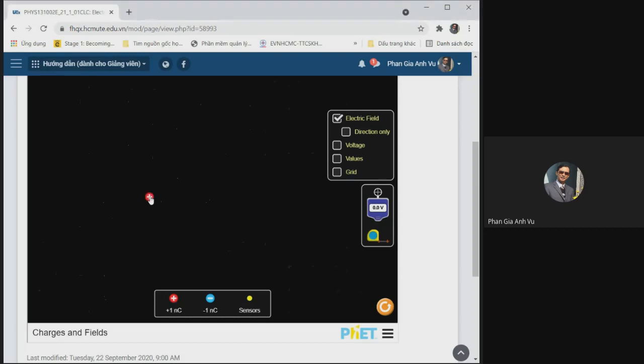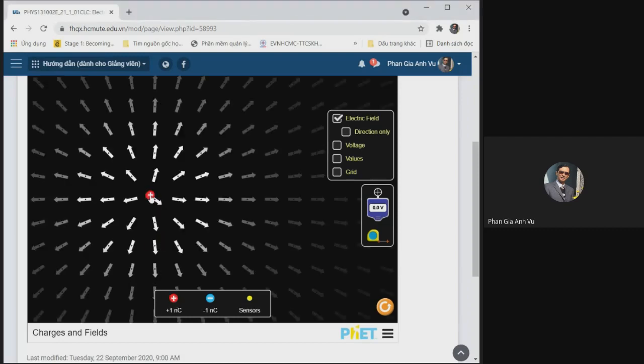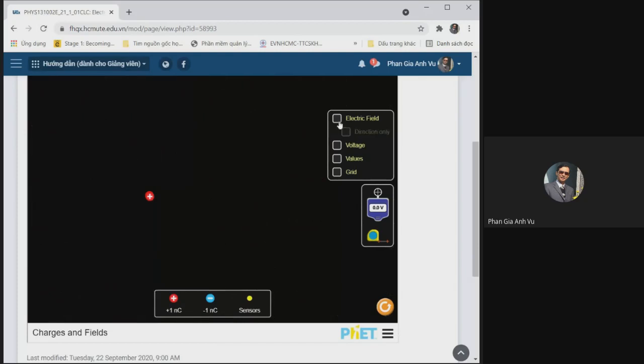I can put some charge here, and when I want to measure the electric field at a point on this plane, I use the sensor here. I put it here. Wow, it's very large, right? I give only a single charge. When I put it here, I get the electric field. What does it mean?